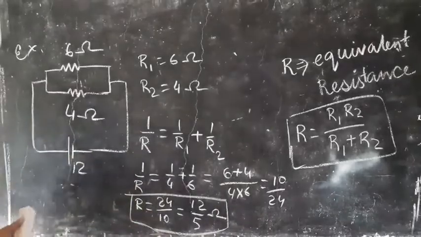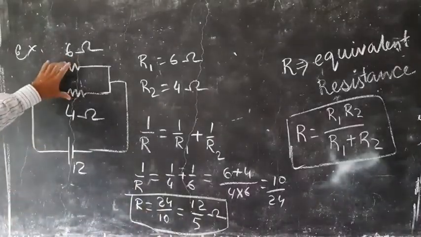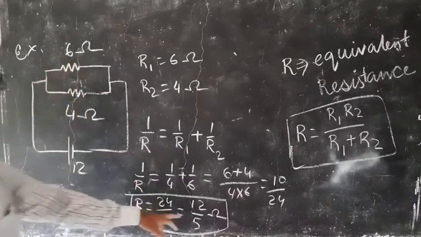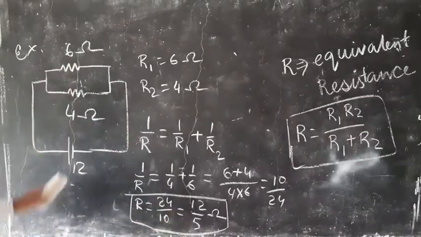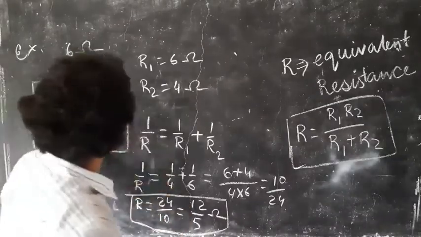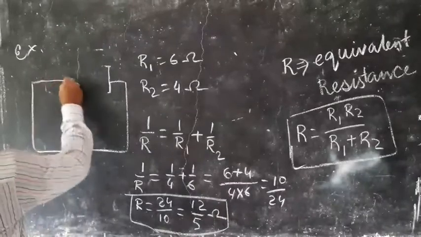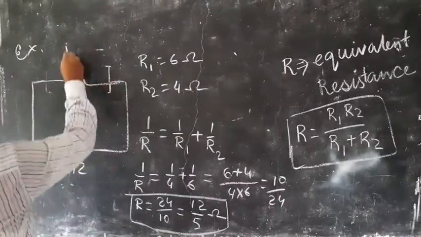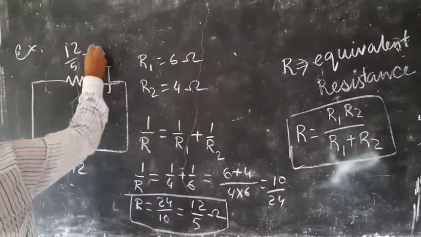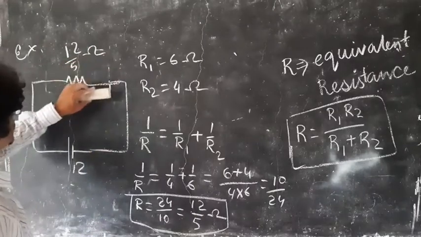It means we can replace these two resistances by a single resistance having value 12 by 5 ohm. Both are equivalent.